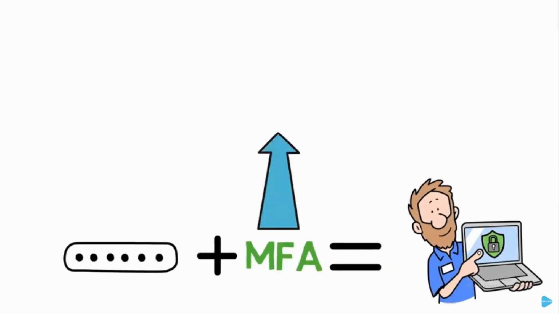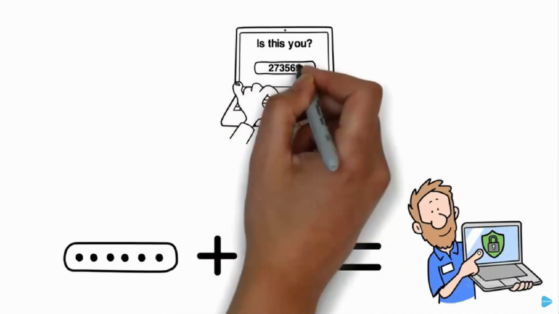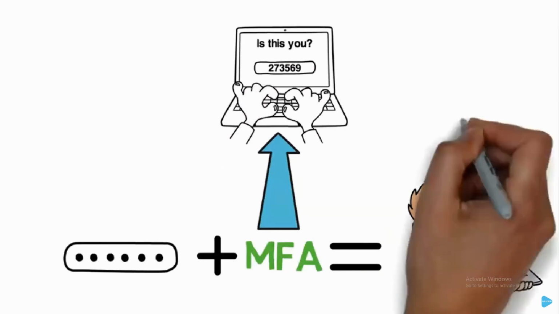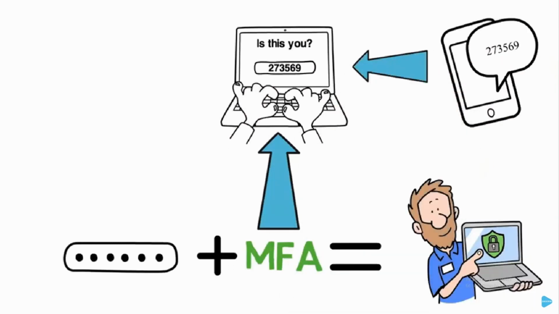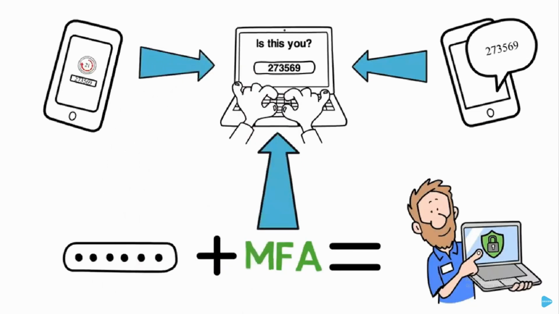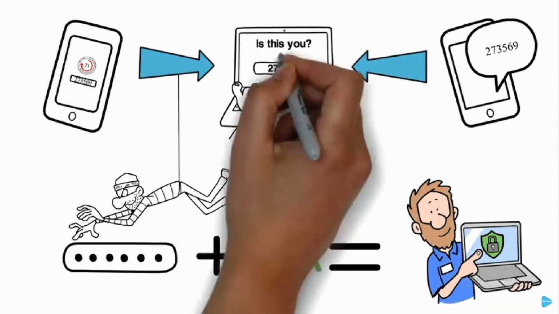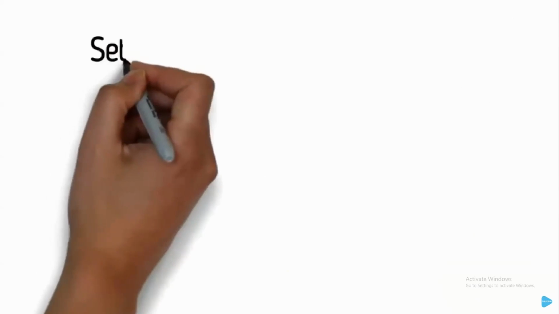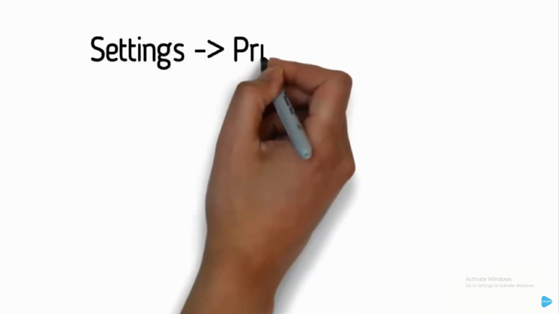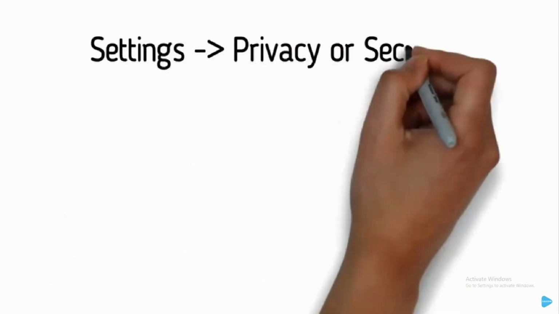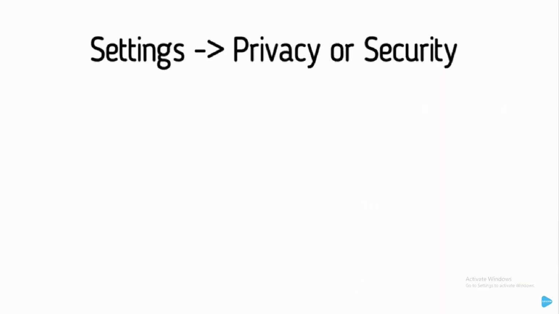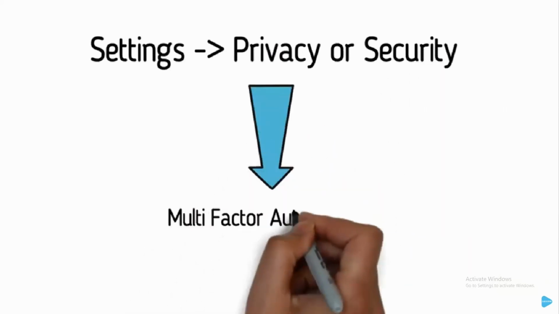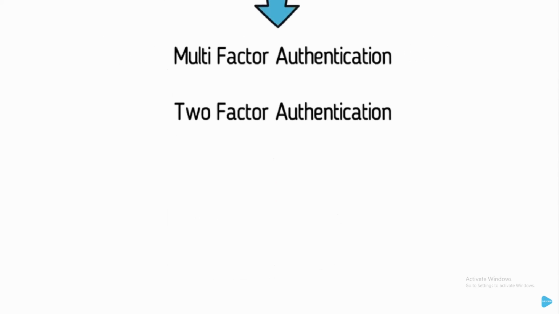It's when you need to type in a code after you enter your password to finish logging in. This code is either sent to your phone or generated by an app that creates new codes every few seconds. This way, even if your password was stolen, they don't have that second code to get in. Many apps have this option, but it's turned off by default. You can usually find it in Settings, Privacy or Security, and look for multi- or two-factor authentication.